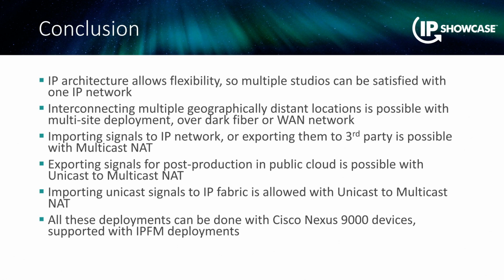So I'm able to mask multiple signals in a single group and send them at different times towards that destination. Then contribution to the public cloud, conversion from multicast to unicast type of streams, and then distribution or encoding, going from multicast to unicast, from unicast to multicast.